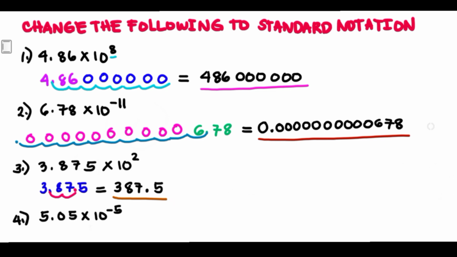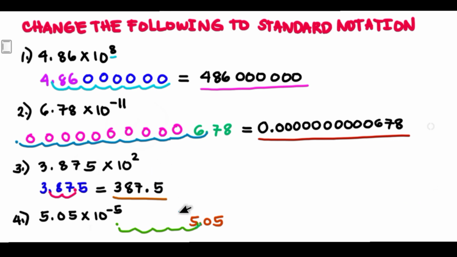So, let's have the final example. 5.05 times 10 raised to negative 5. So, copyin ko muna yung 5.05. Since yung exponent ay negative 5, pupunta tayo sa left ng 5 beses or 5 decimal places. So, 1, 2, 3, 4, 5.